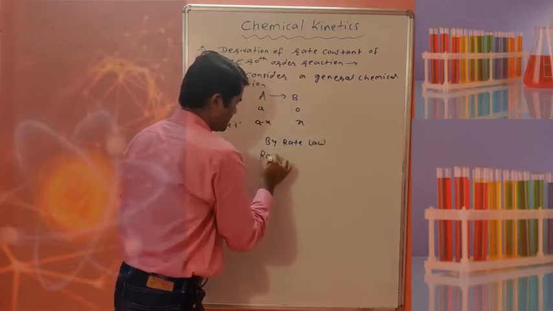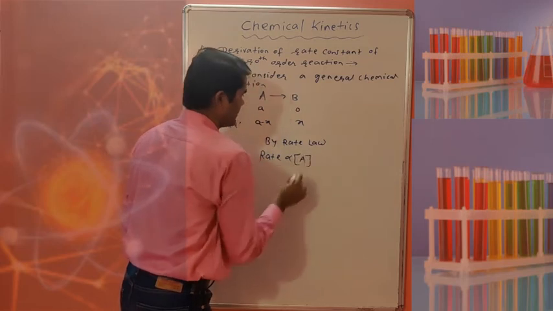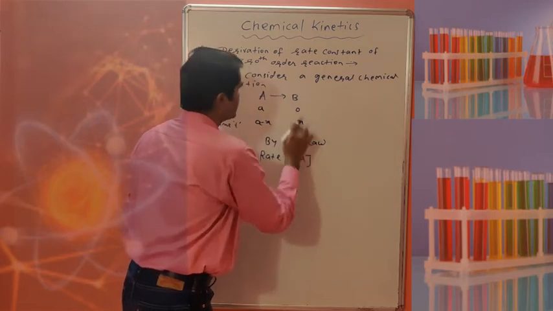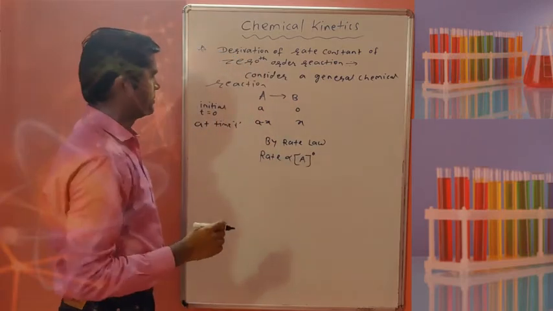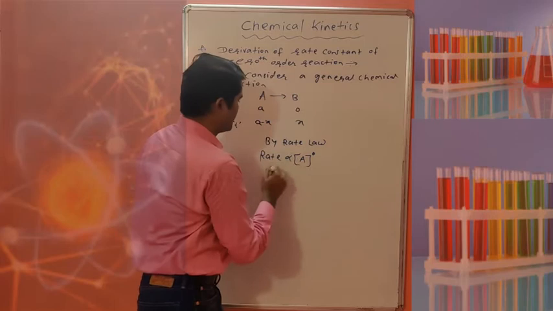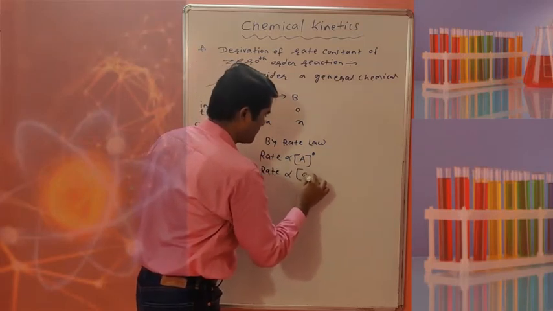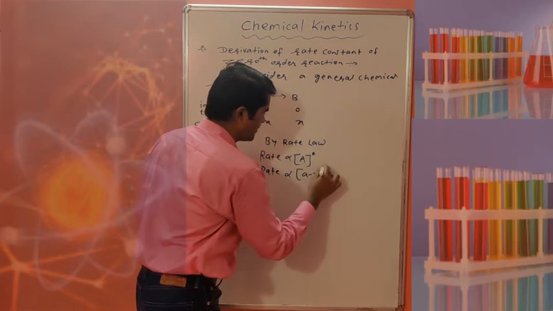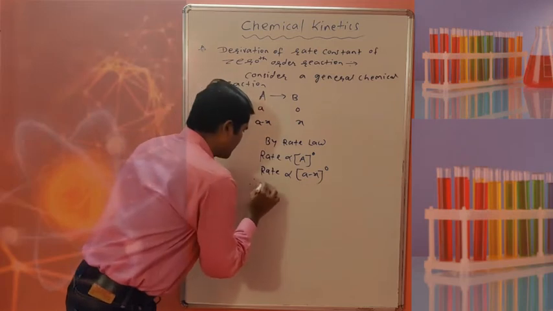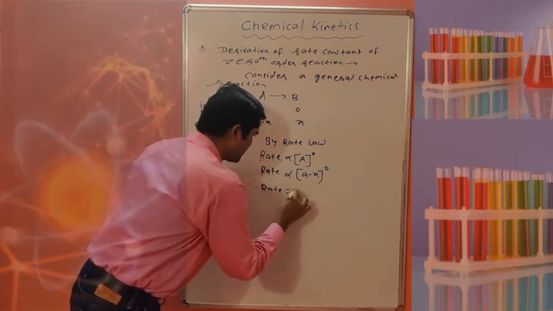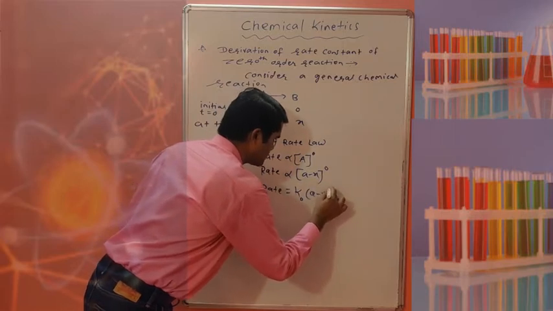rate of reaction is directly proportional to the concentration of reactant A raised to the power 0, since it is zeroth order. That concentration is A minus X, so rate is directly proportional to (A minus X) raised to 0. Therefore rate is equal to K0 into (A minus X) raised to 0.